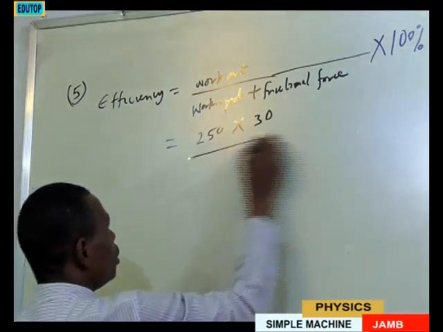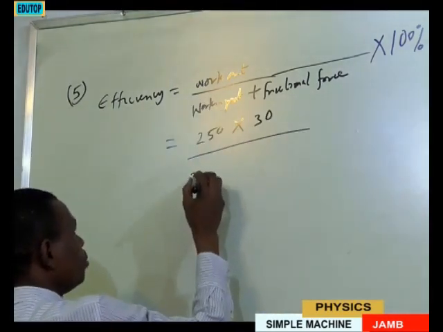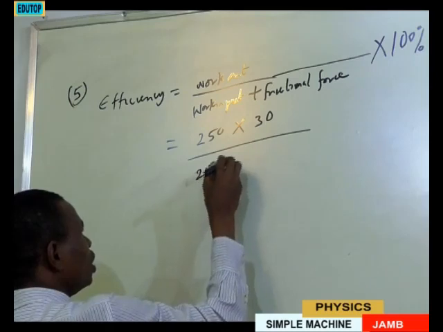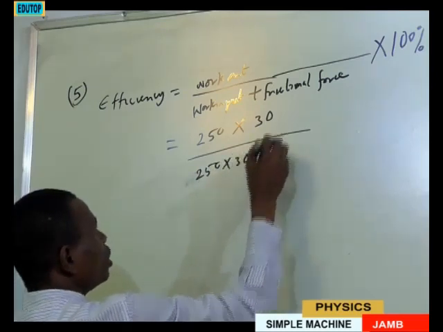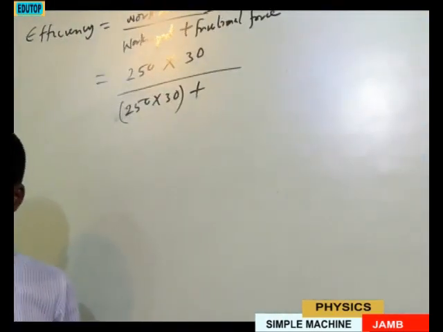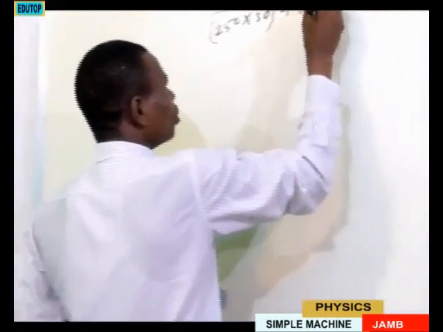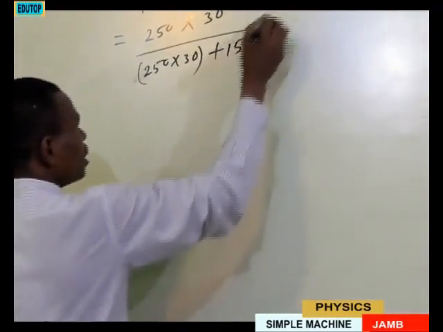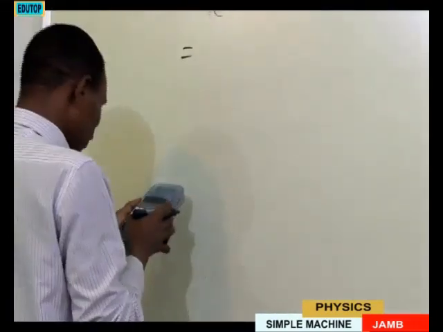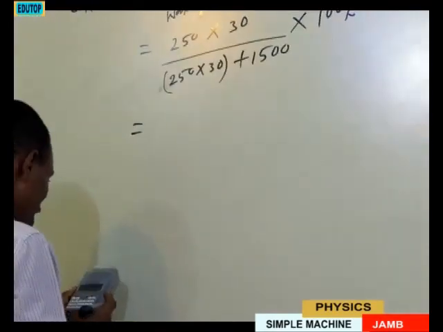This is divided by the work input, which is the same value as the work output, 250 times 30, plus the work done to overcome frictional force, which is 1,500, times 100%.